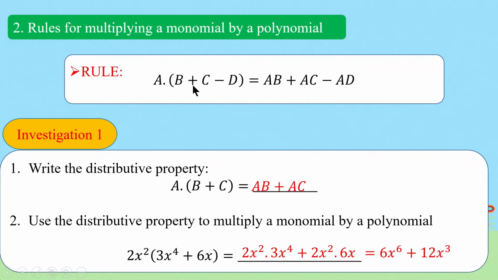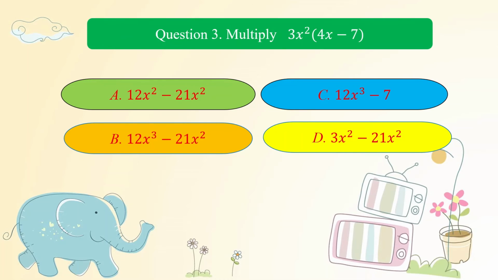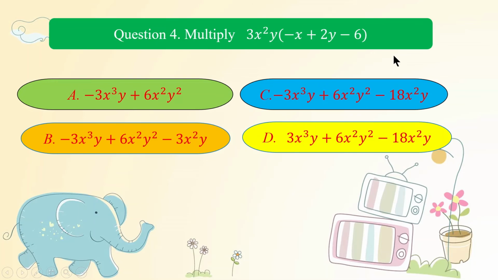If right here it is plus, then it has to be plus. But if it is minus, then when you multiply, it has to be minus. Here, I want you to apply this to answer question 3, multiply this one. And then question 4. It is a little bit difficult, but I think you can definitely do it.